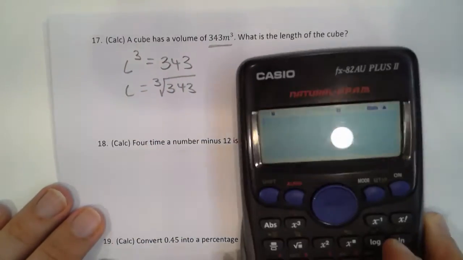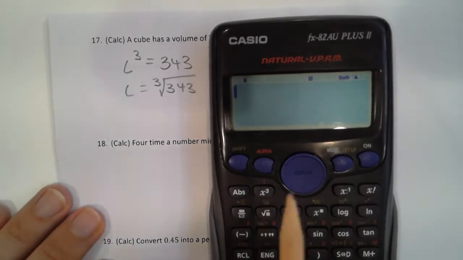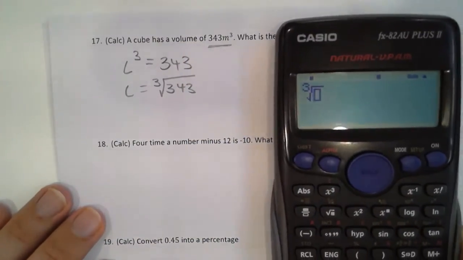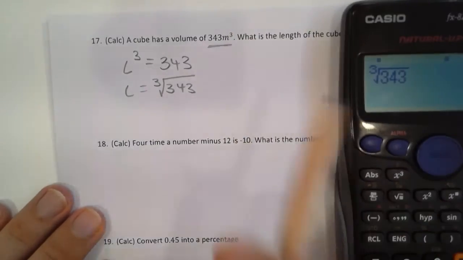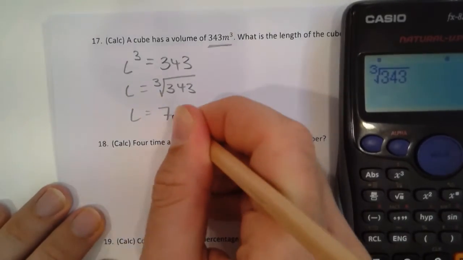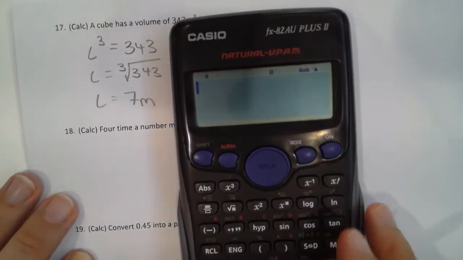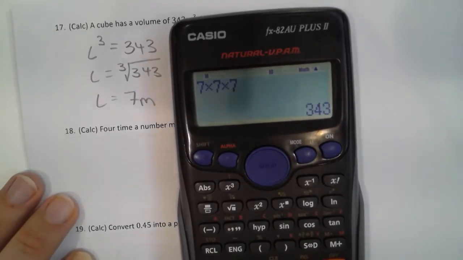On my calculator, the cube root is in yellow, so we use shift. I type in the cube root of 343, which should be 7. Yes, it is. So the cube is 7 meters. If you wanted to double check, you could type in 7 times 7 times 7, and you've got your answer.